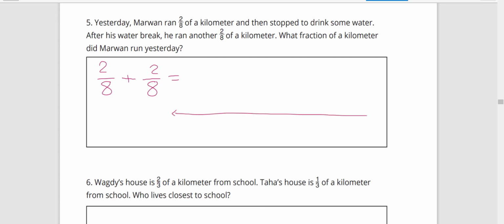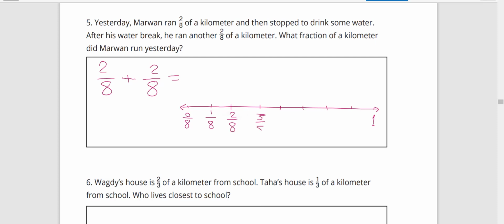We represent the two fractions on a number line. 0, here 1, divided into 8 equal parts.